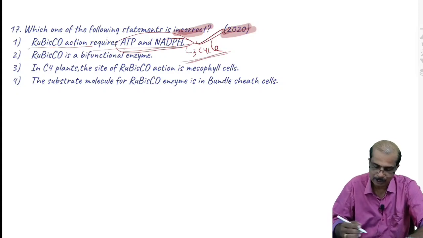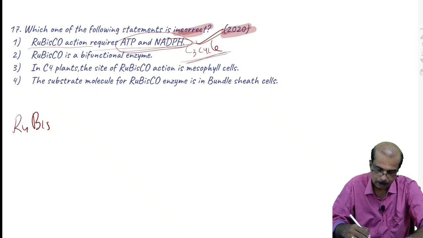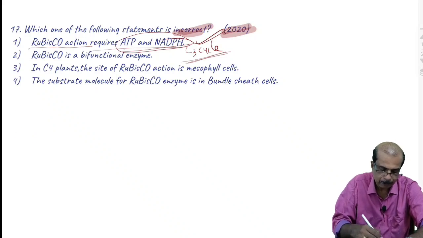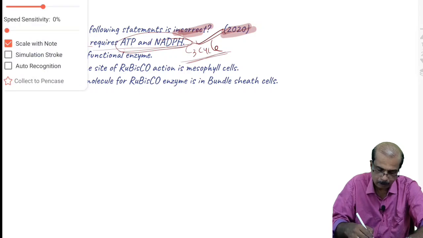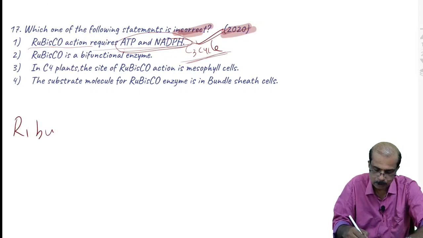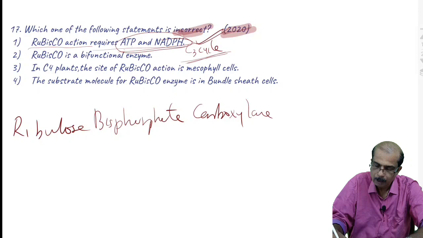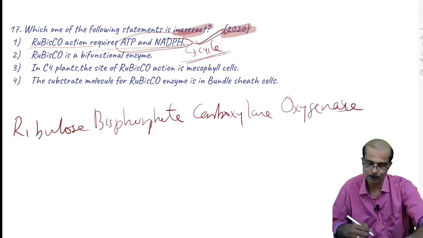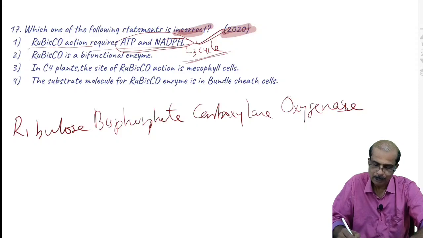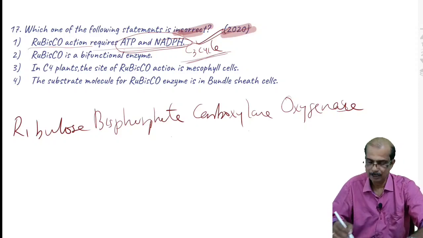Rubisco is a bifunctional enzyme. The full form of Rubisco is ribulose bisphosphate carboxylase oxygenase.